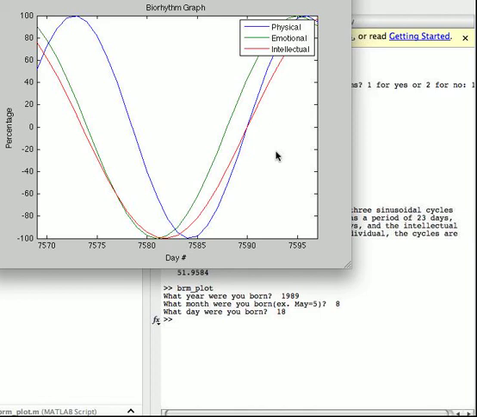As you can see here, the physical is about 50%, the intellectual is below 80%, and the emotional is about 90%. And this would be for today, and it goes in 5-day periods, and it goes up to 28 days more.